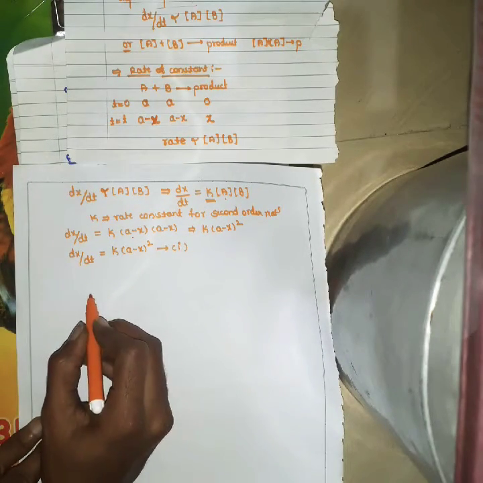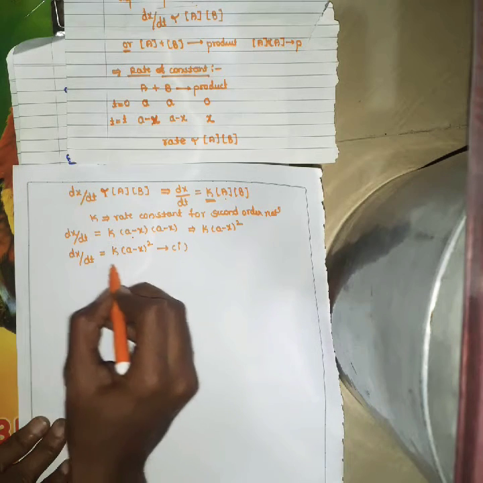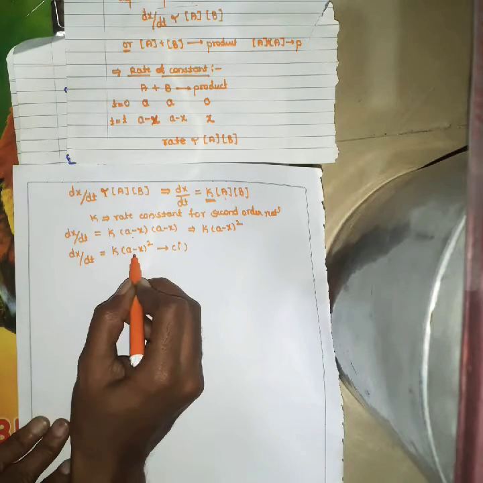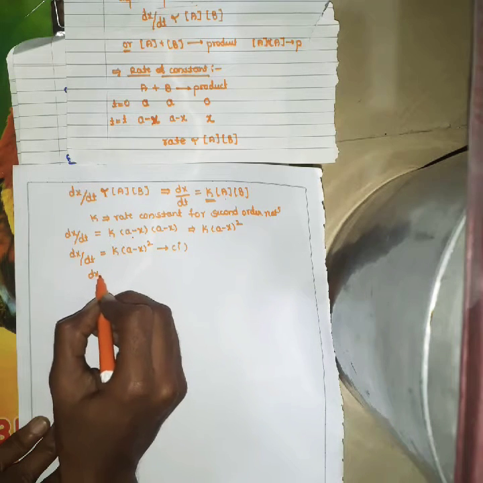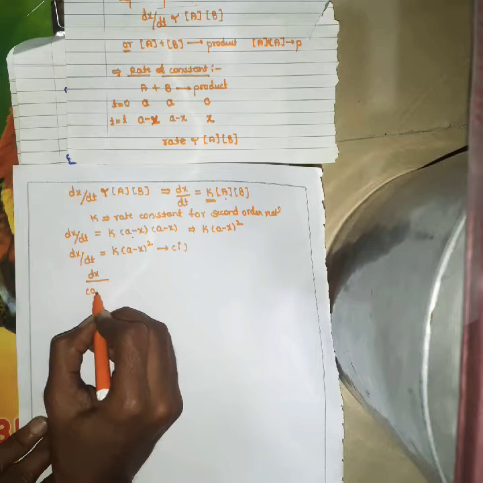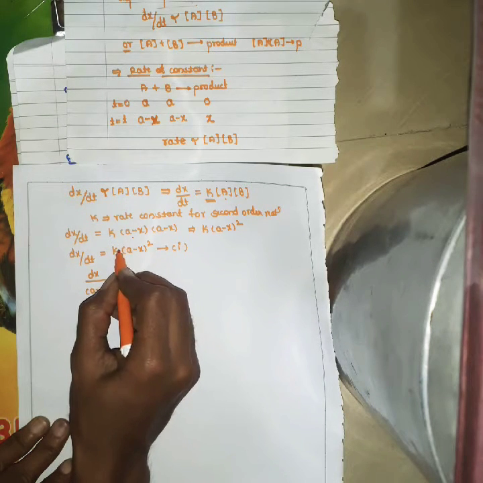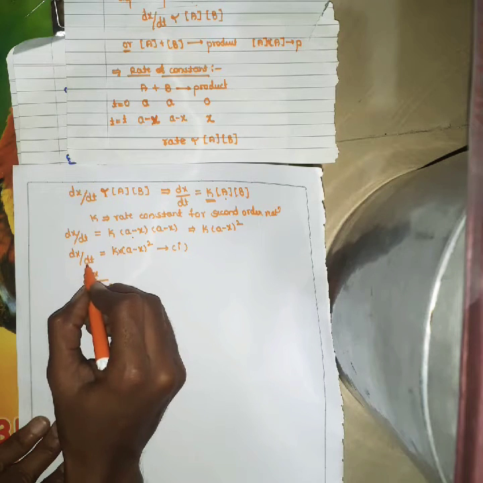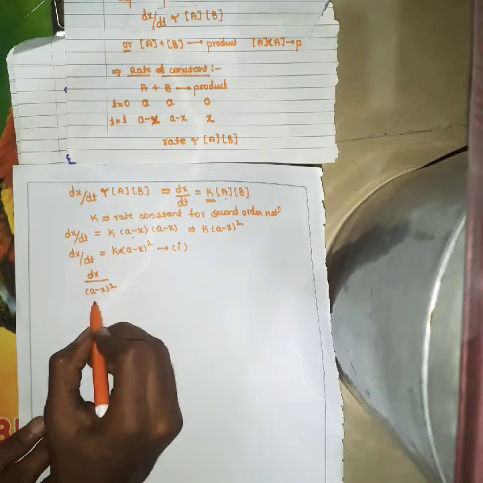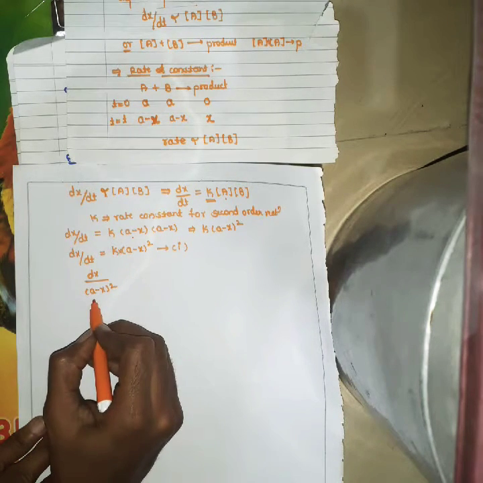Next, take integration on both sides. First, separate the variables dx and a minus x. Take one side dx by a minus x whole square. K and a minus x are in multiplication, so coming to the other side of the equal sign, the product is converted to divided by.